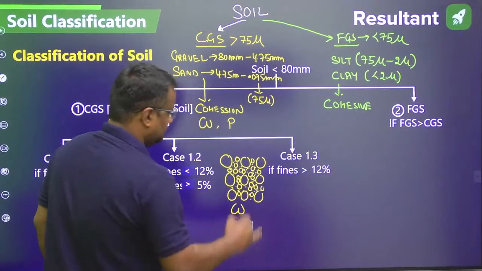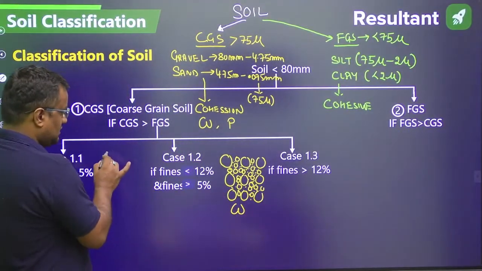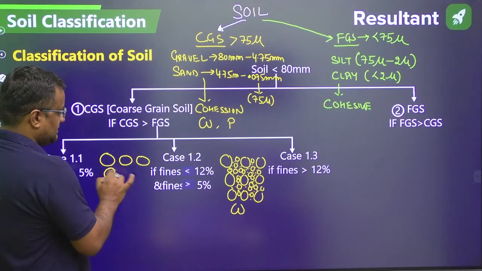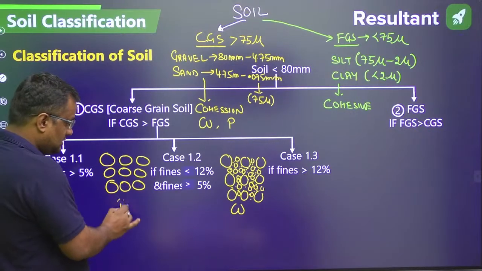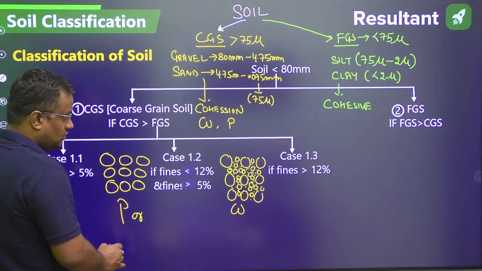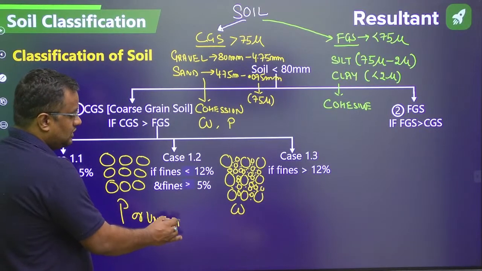That is well graded. Now poorly graded means, in coarse grain soil, if all particles are of the same size and there are no small particles, it is poorly graded soil, also called uniform graded soil.